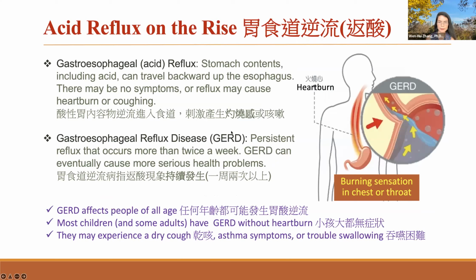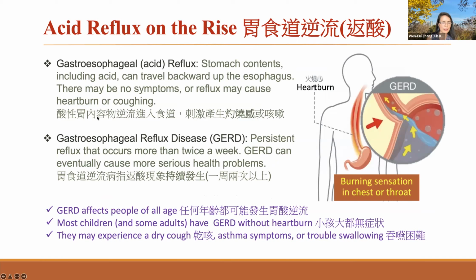So the common health issue in the stomach is acid reflux, and it's on the rise. About 1 in 6 people will experience acid reflux symptoms at least once a week.